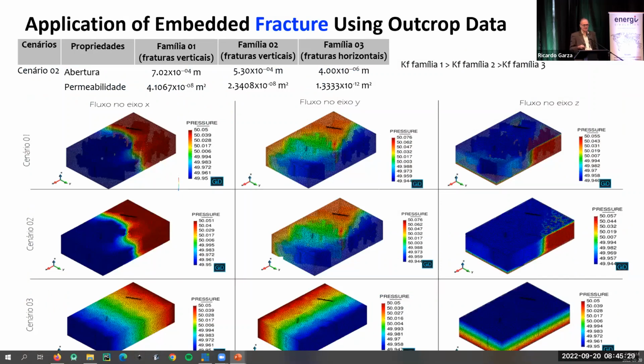We find that there are three main families of fractures: two vertical families and one horizontal family. The most relevant fractures are the vertical ones that have more connections, they are more interconnected. But the horizontal fractures cannot be neglected in the upscaling.